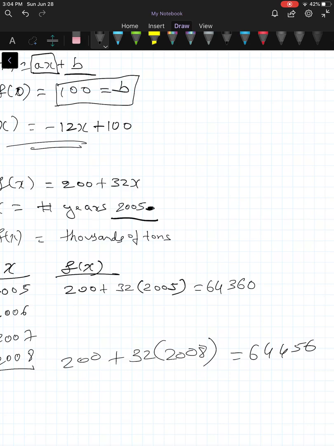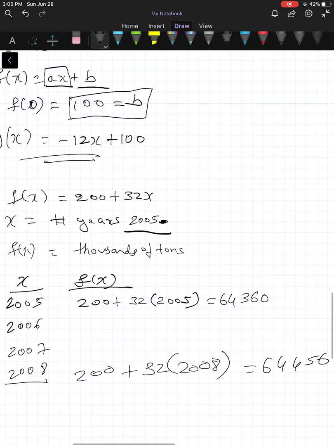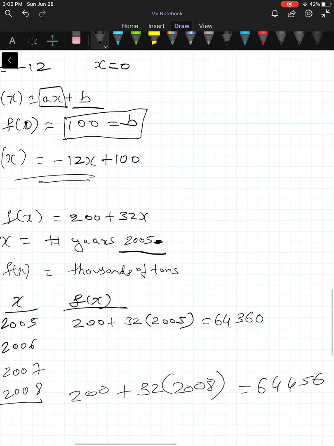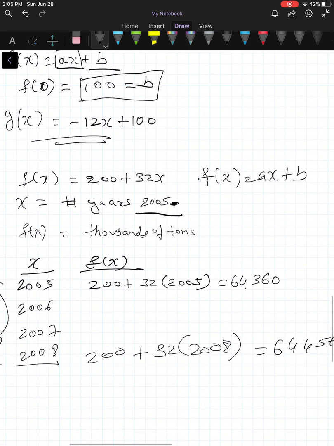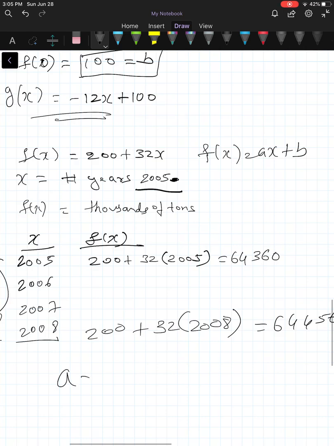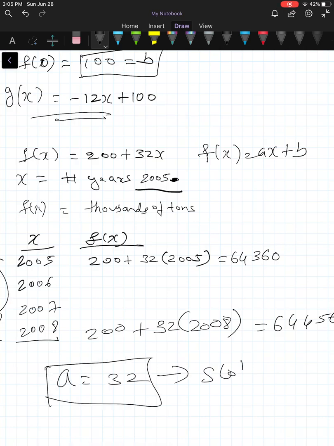And slope, you can find by comparing the given equation to the general form. So if we compare the given equation to the general form, f of x is equal to ax plus b, our b value is 200 and our a value is 32. So a is equal to 32. This is nothing but the slope.